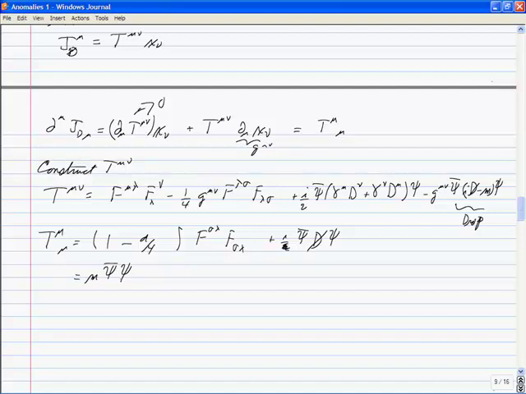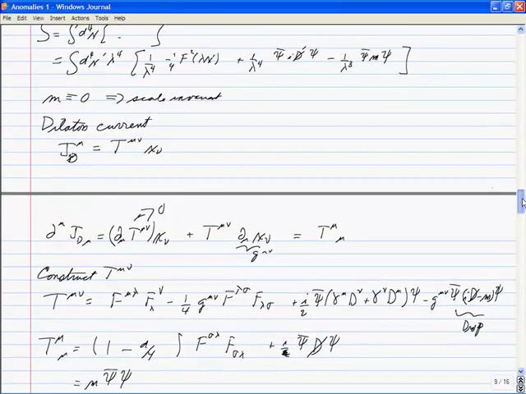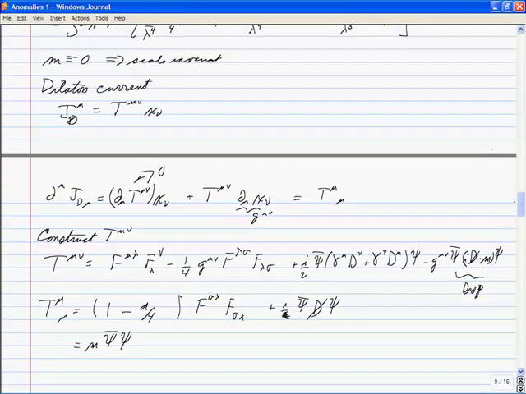Okay. So we see Noether's theorem telling us correctly something here. We have the symmetry, scale invariance. We have a conserved current, which is the dilaton current. The divergence of that is the trace of the energy momentum tensor.